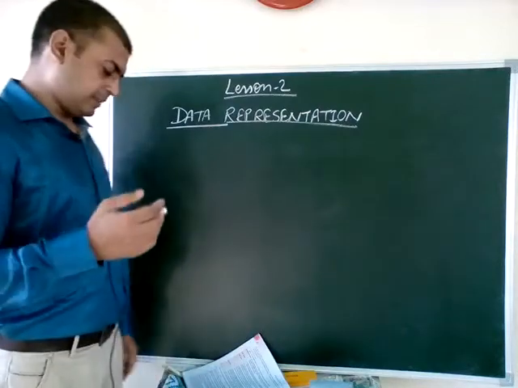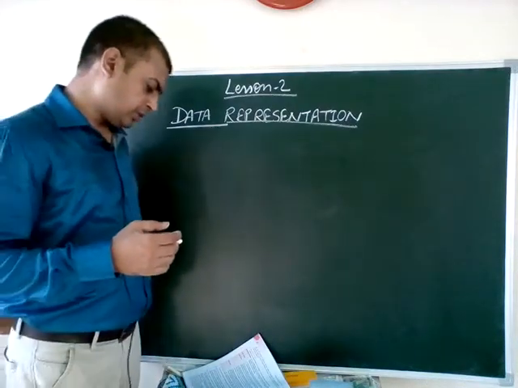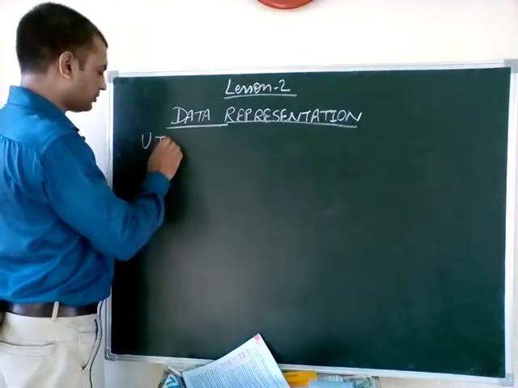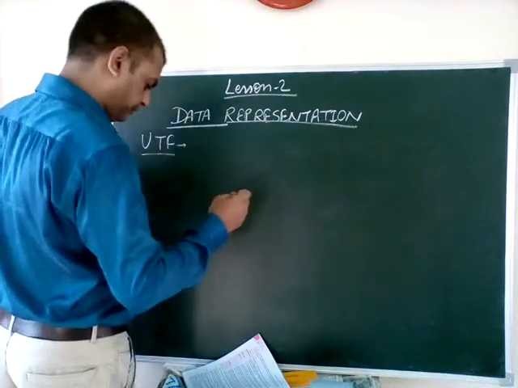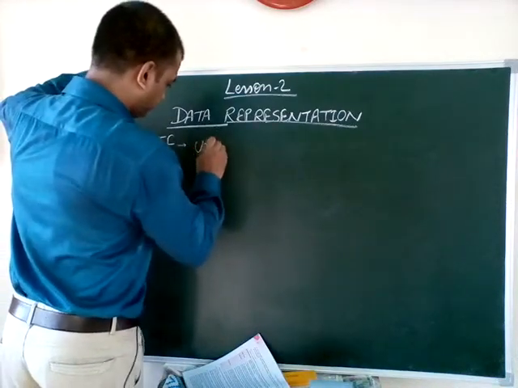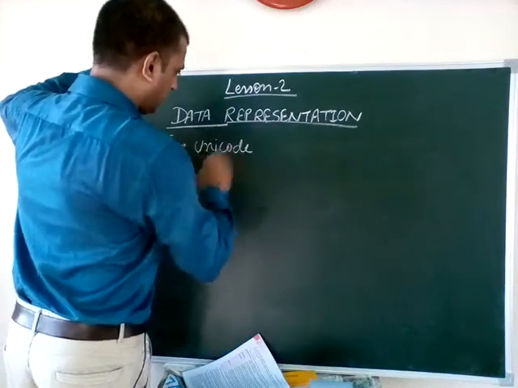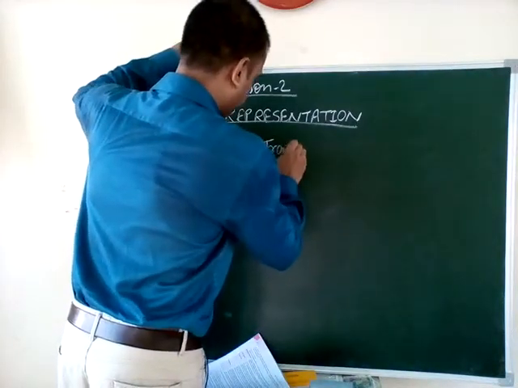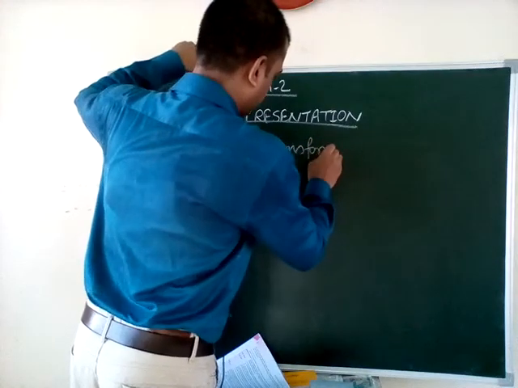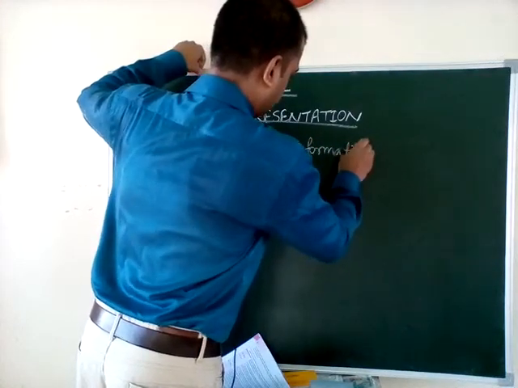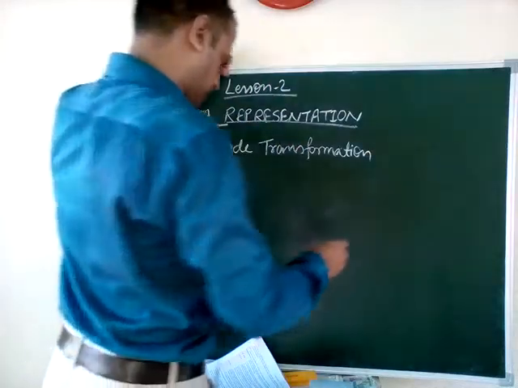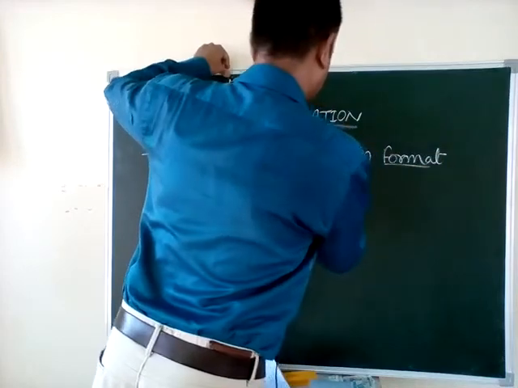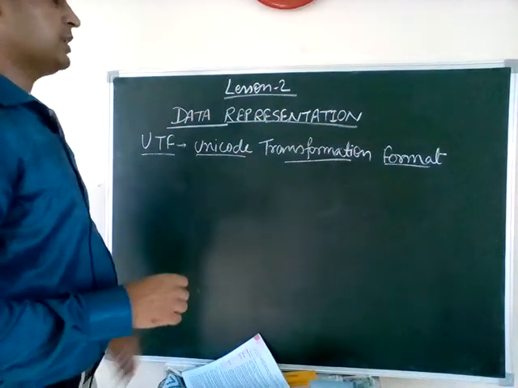What is UTF? This is the encoding system, Unicode Transformation Format. UTF means Unicode Transformation Format.